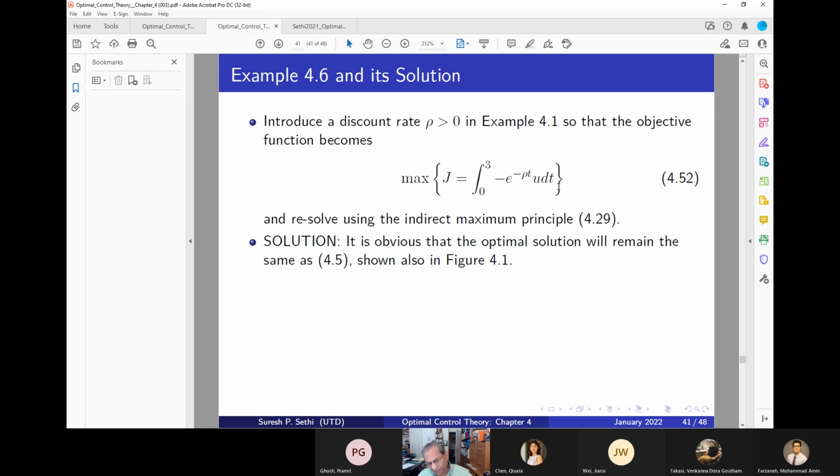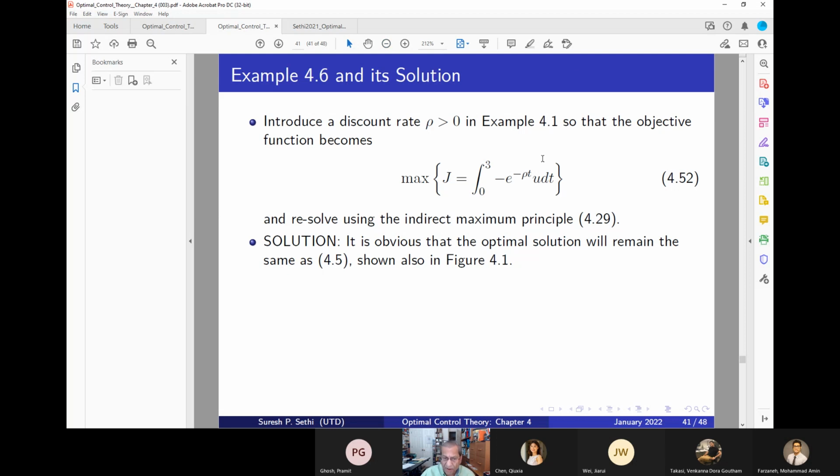Now we go back to example 4.1, but rather than repeat that example, which we already solved for direct maximum principle, and we would have the indirect maximum principle multipliers anyway, we decide to change the problem a little bit and put a discount rate right here.